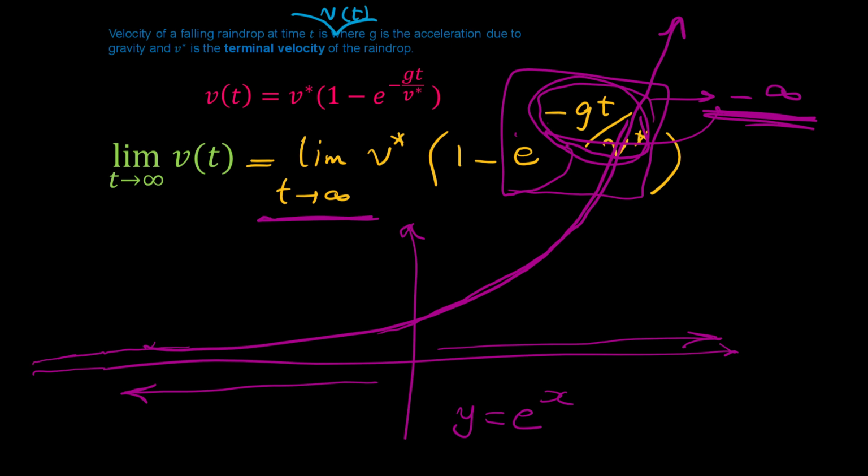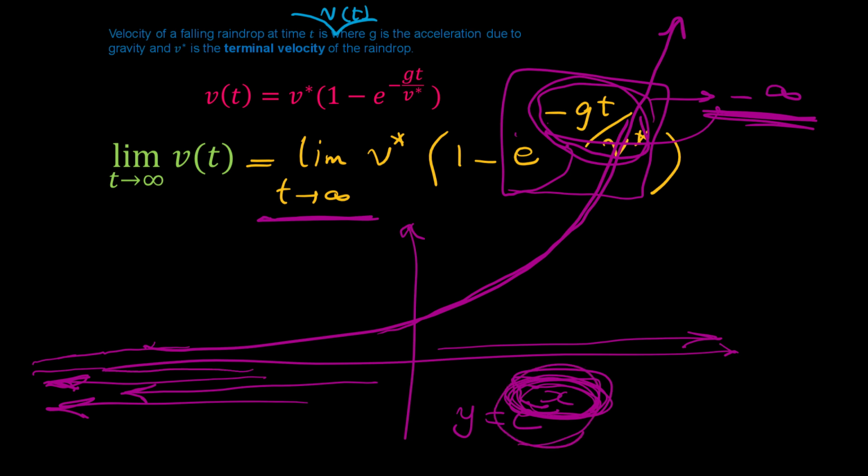So this means that when the exponent, please attention, when the exponent is going toward negative infinity, whatever the exponent is, then e to the x is going toward 0, because this graph is gradually moving toward the x-axis. So the distance between the graph and the x-axis gradually becomes smaller and smaller. So e to the x would approach 0 whenever x approaches negative infinity.